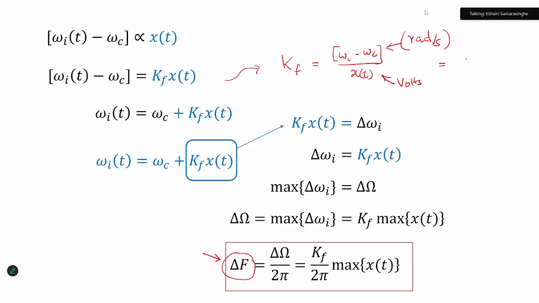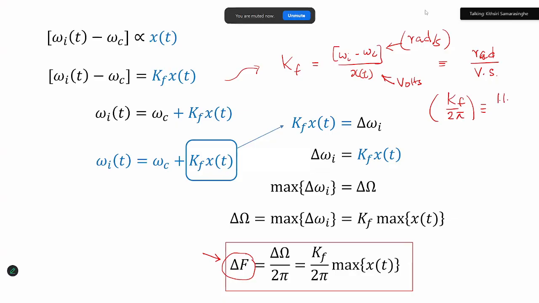So units will be radians per volt per second. 1/second is hertz. So if kf is divided by 2π, what will be the units? Kf upon 2π units will be hertz per volt, isn't it?